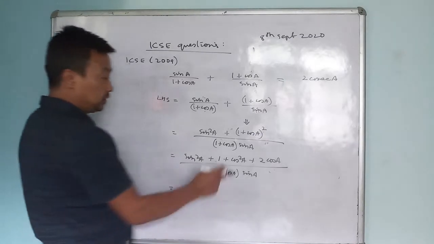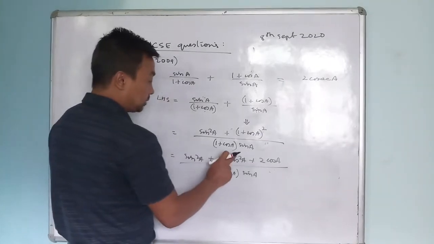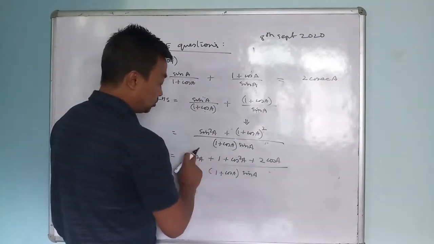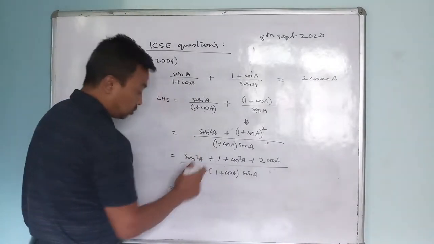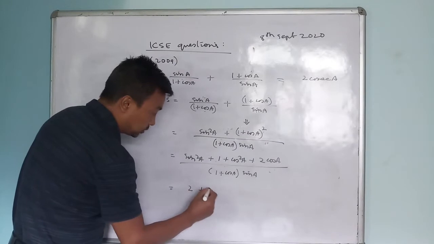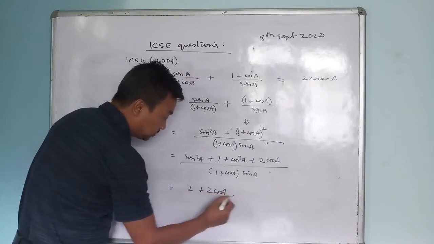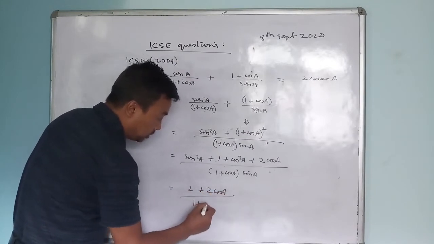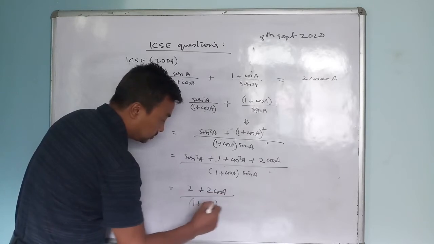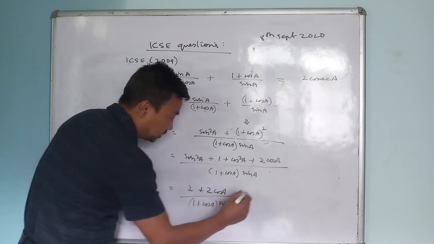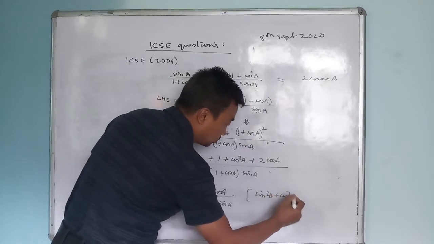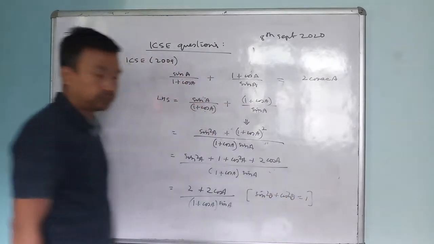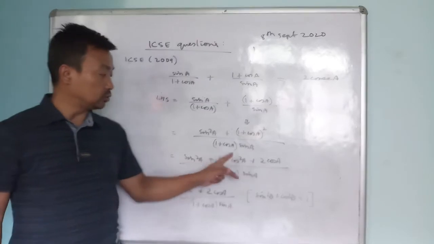Now, if you see here, sine square theta plus cos square theta, these two, again, is what? 1. So 1 plus 1 will become 2, plus 2 cos A. In the denominator, we have sine A, because sine square theta plus cos square theta equals 1.